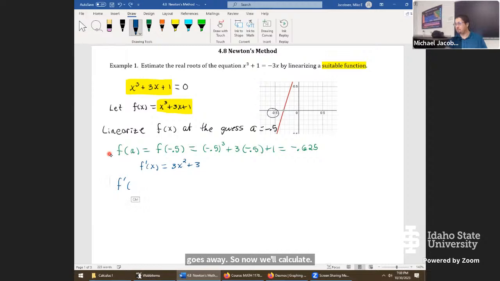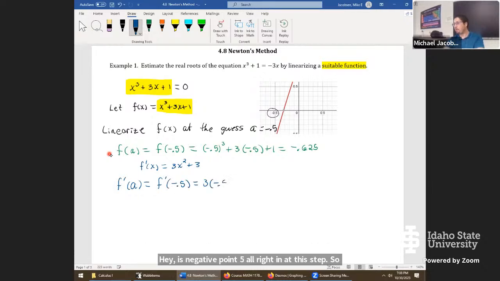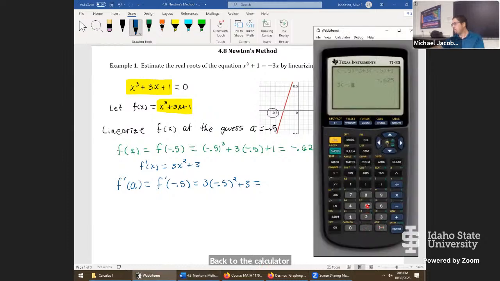Let me write it out this way just to connect the dots as we've been doing in the last section. a is negative 0.5. I'll write in at this step. So 3 times negative 0.5 squared plus 3. Back to the calculator. 3 times negative 0.5 squared, okay, I think we've got it in, plus 3. And now the value is 3.75.